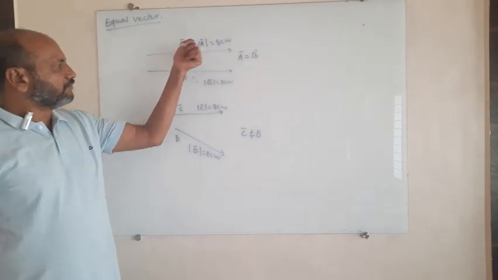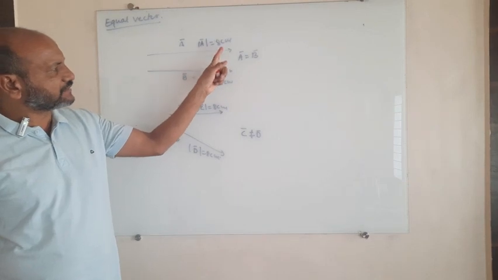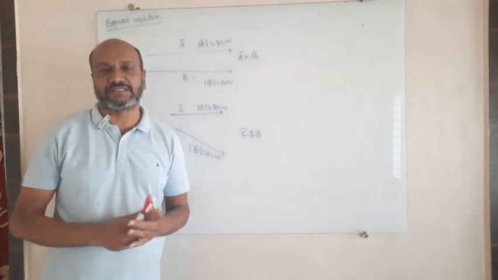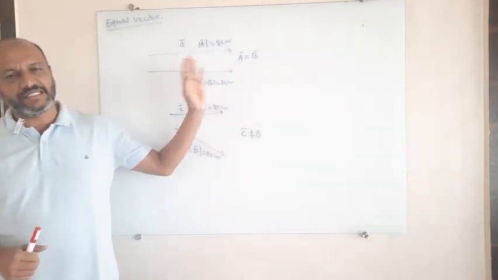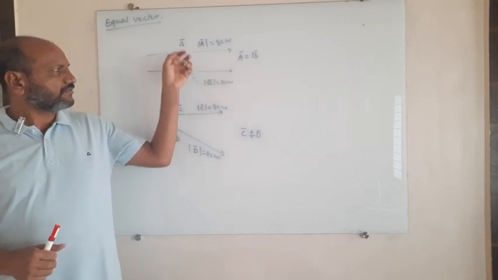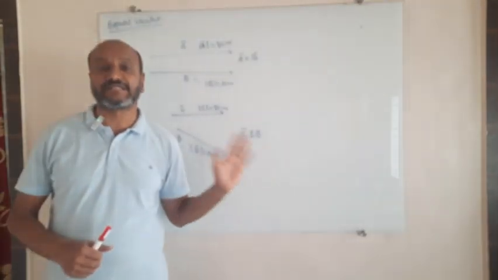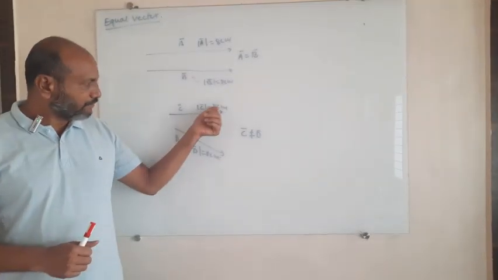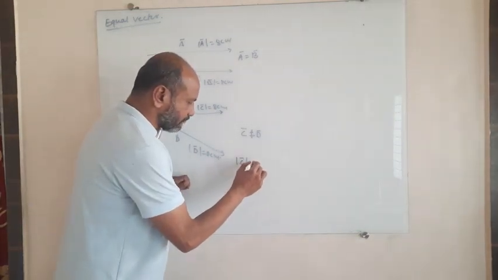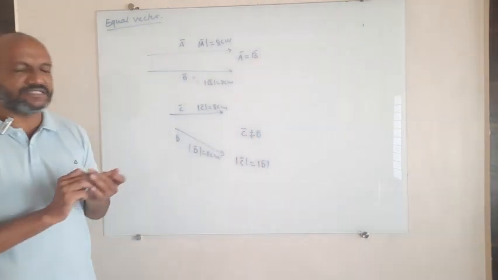Since the magnitude and direction of A bar and B bar are the same, they are equal vectors. In the case of C and D, the magnitudes are the same but the directions are not, therefore they are not called equal vectors.